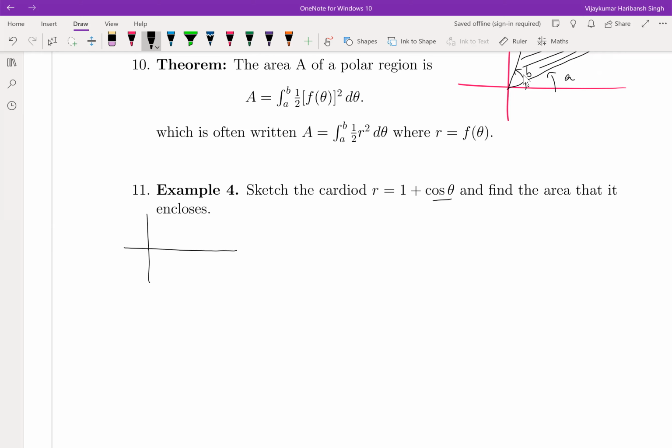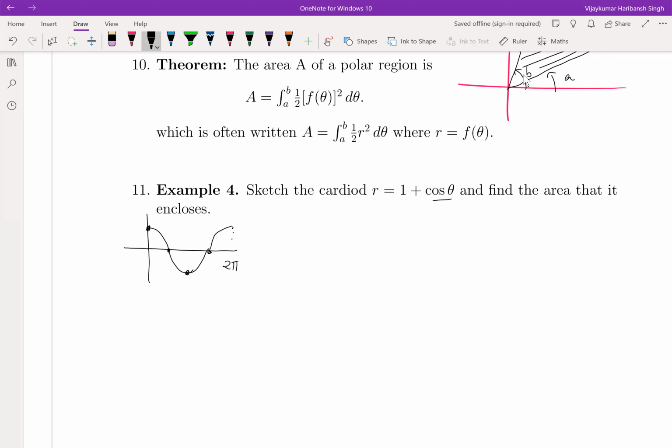We have cos 0 is 1, then it is 0 at pi by 2, minus 1 at pi, 0 at 3 pi by 2, and then we get back to 1 at 2 pi.